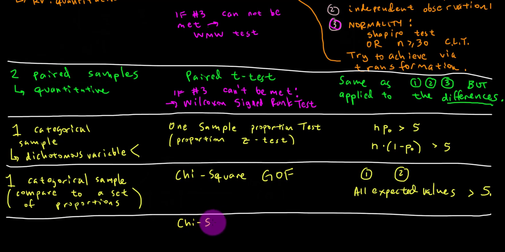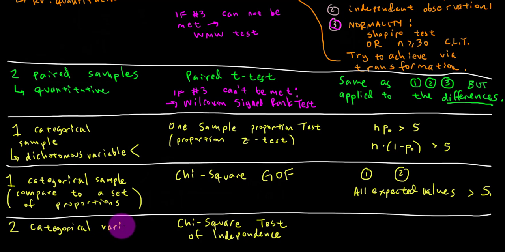The next yellow test on our list is the chi-square test of independence. No longer does this pertain to one categorical variable, but two? And in a previous video, we highlighted how that can occur.